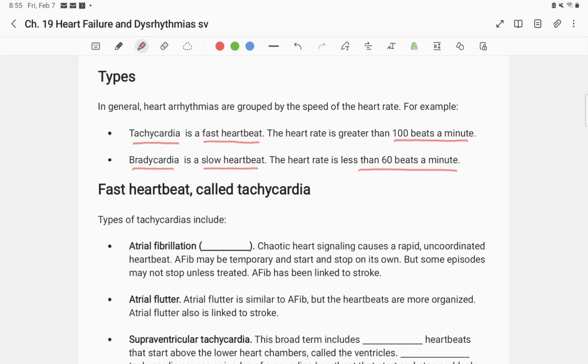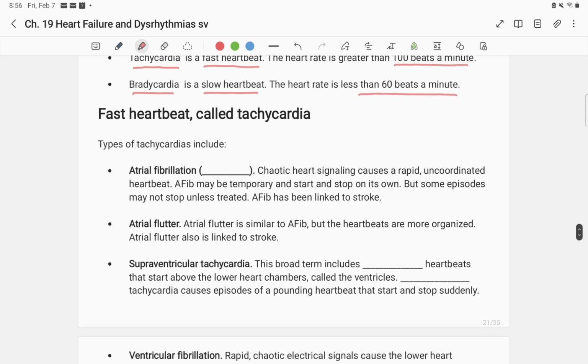If the clinic is on the 7th floor and that patient took the steps to get up to the clinic and they got right back there and you did heart rate and blood pressure, that would be something to take into consideration. Did they exercise right before they came in? Or is the person very fit, like a triathlete, for example? Well, they're going to have a low resting heart rate because of the level of their fitness. So those are just some things to take into consideration with tachy and bradycardia.